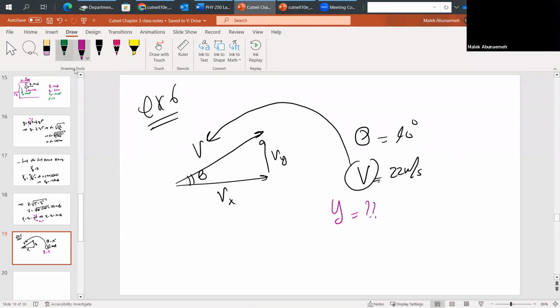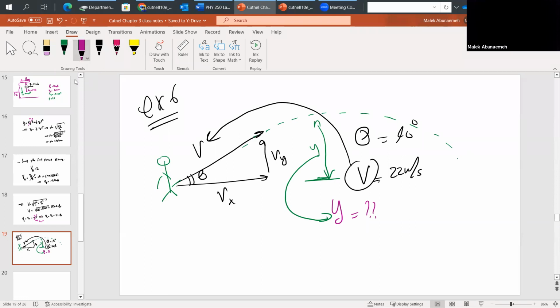So basically, just to clarify it, here's the person kicking the ball. The ball is going to go in a projectile parabola, and that's going to be your maximum height from over here, from the ground to the top.